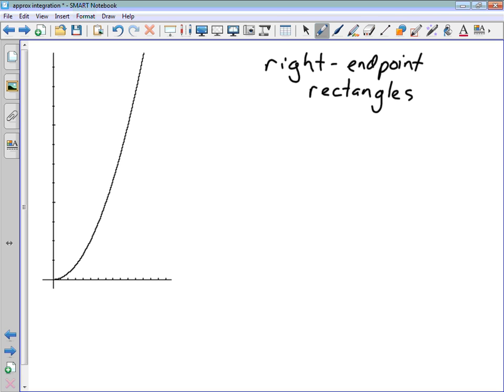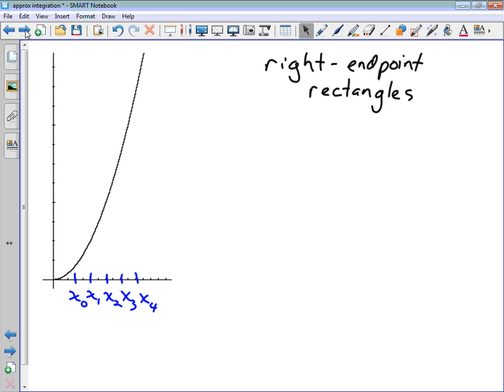In which case, we're going to take our same region here from x naught, x1, x2, x3, all the way up to x4. So the area from x naught to x4.